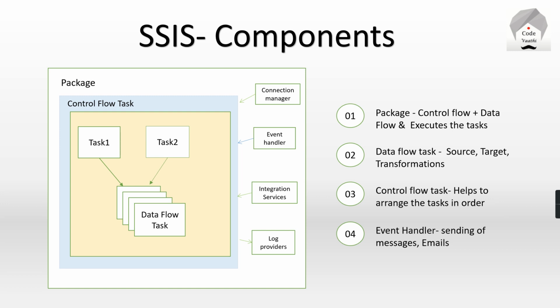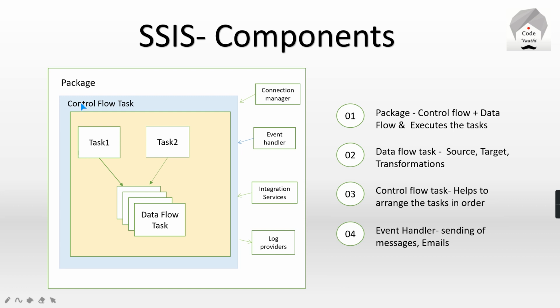It will involve multiple components including containers and precedence constraints, etc. And the event handler mainly involves handling events like sending messages once the task has been accomplished and sending mails like that.